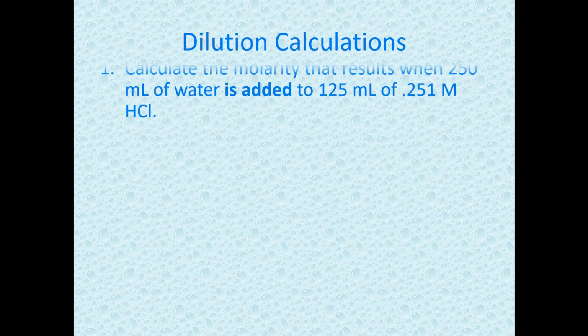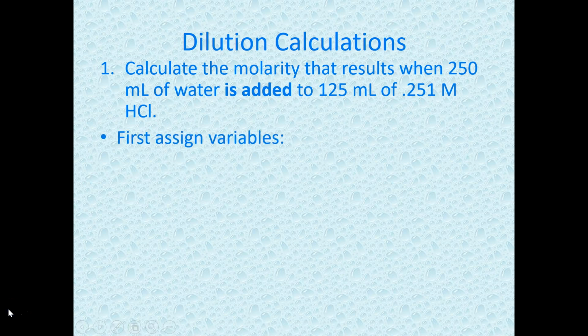So as far as our calculations are concerned, let's do a practice one together. You were told to calculate the molarity that results when 250 milliliters of water is added to 125 milliliters of 0.25 molar HCl.